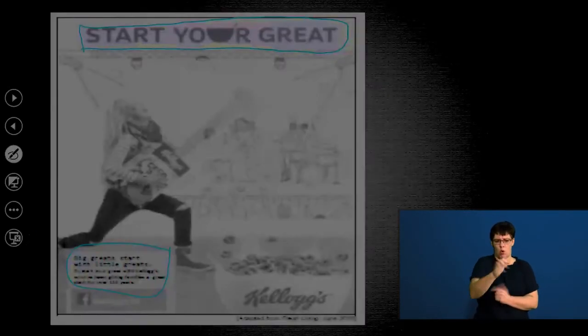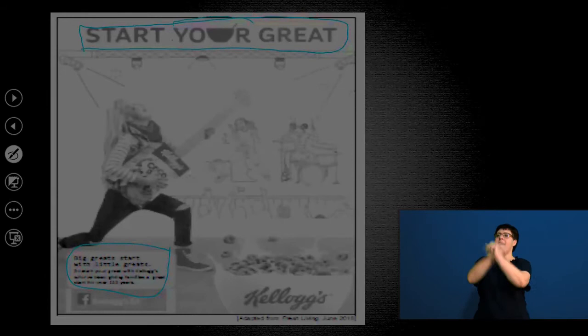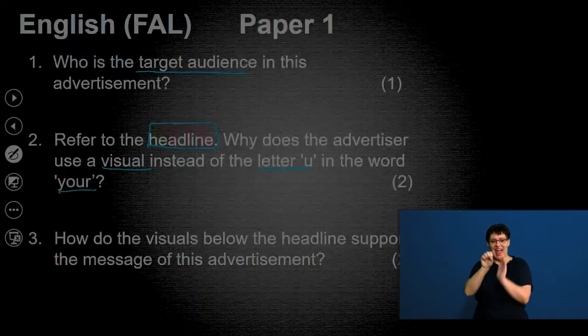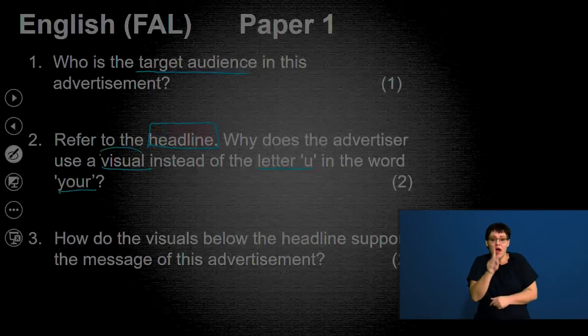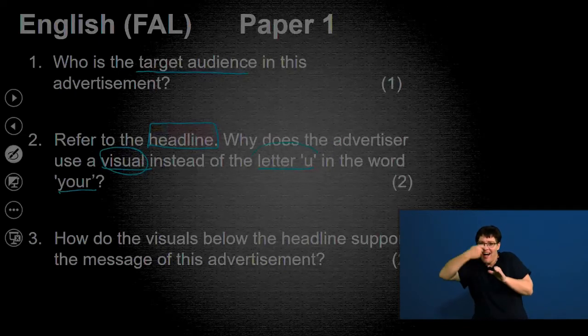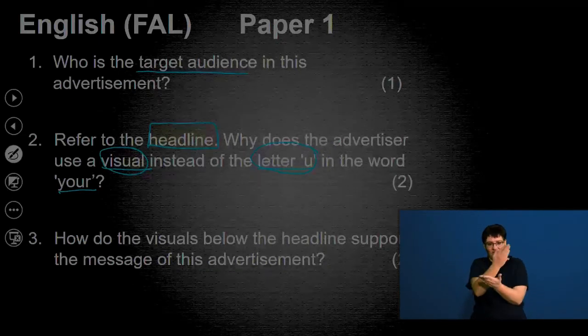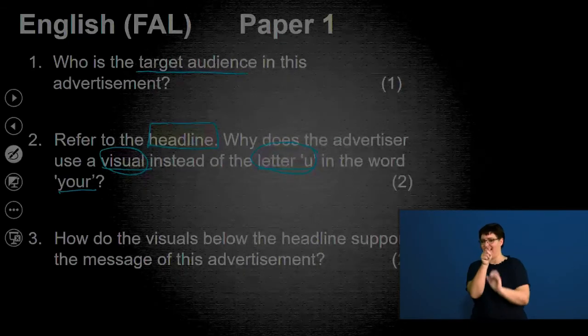Let's go back to our visual. If you look here, there's a little bowl with a spoon in it, and instead of a U, we actually have a bowl. That is an advertising technique, and the advertiser has used the visual instead of the letter U to get you into focus with a bowl of cereal.